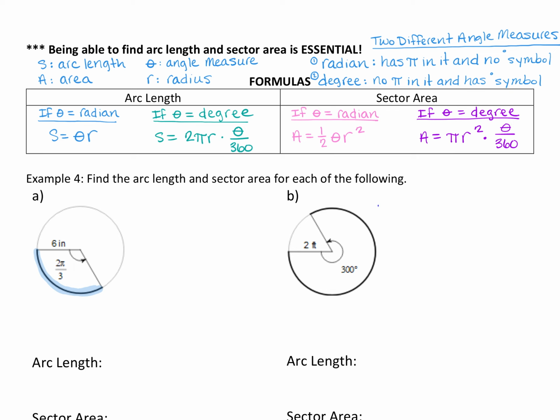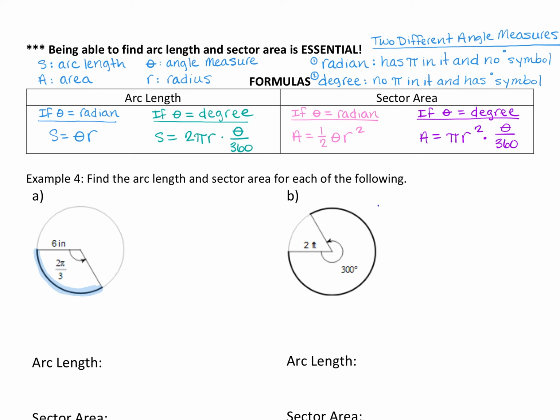And then we're going to also talk about sector area. That just means instead of finding the area of the entire inside of our circle, we just want the area of a piece of the circle. And so it would be the area of this piece right here. And in this case, because our angle is 2 pi thirds, it has a pi in it, we know that's a radian measurement.